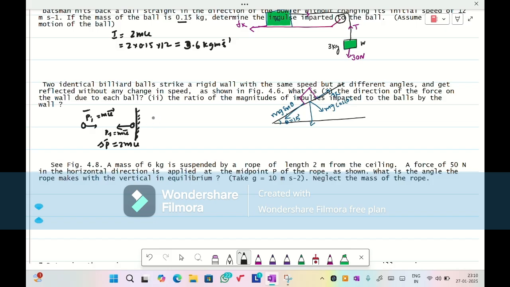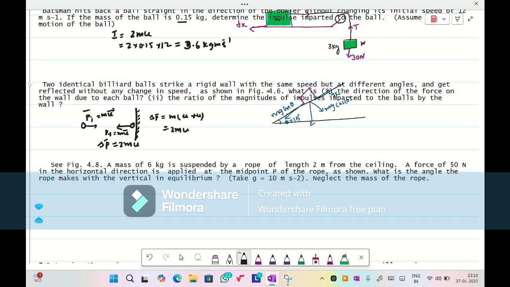So now the change in momentum is not equal to 0. It is not simple algebra, therefore we use vector algebra: m into u minus of minus u, therefore plus u. That equals mu will come. The change in momentum equals mu.